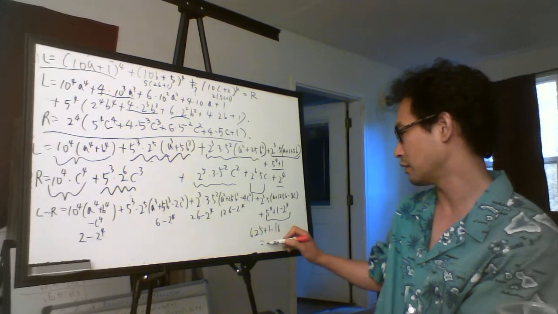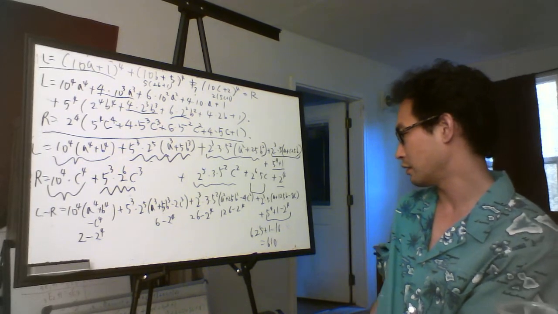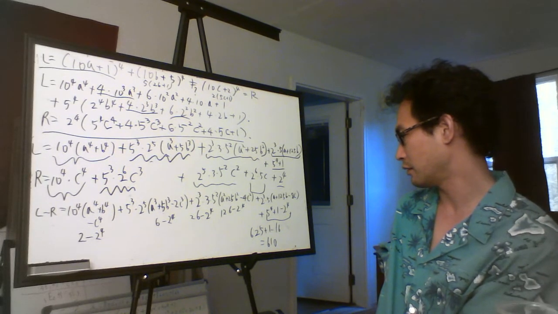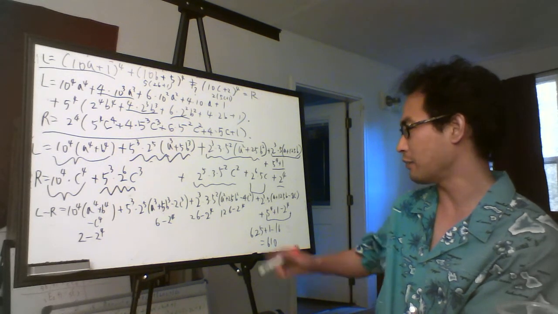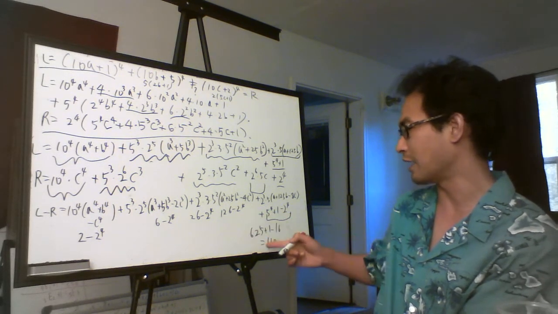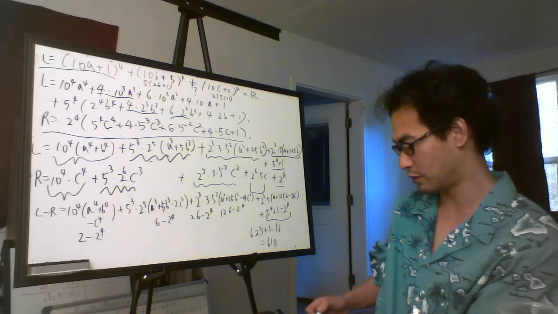What's that? 15, 610. Can we find A, B, and C such that it becomes negative 610? So that's our question.